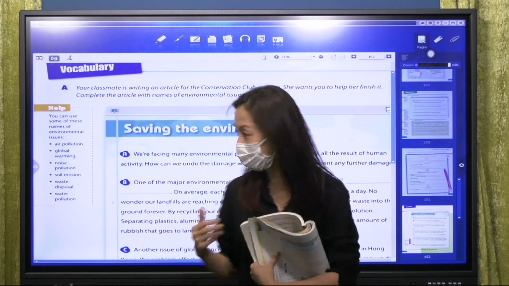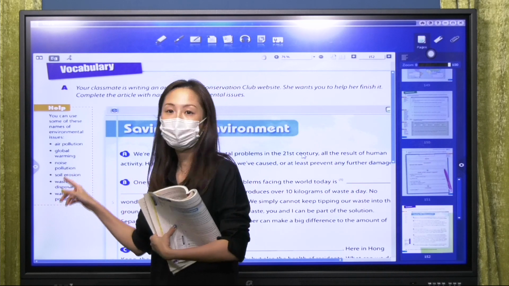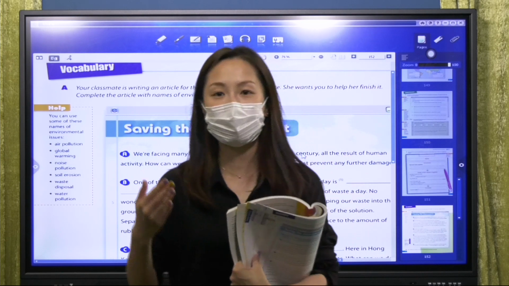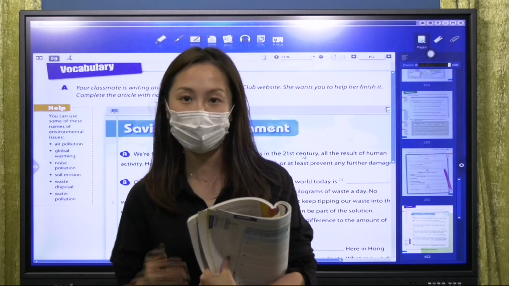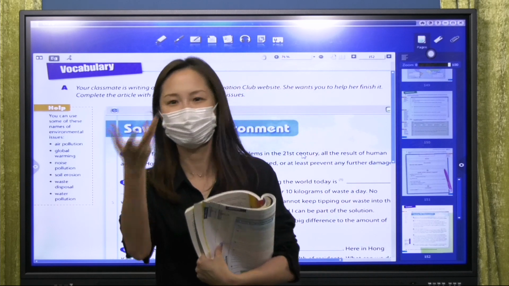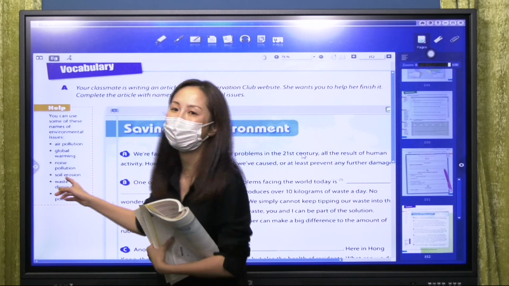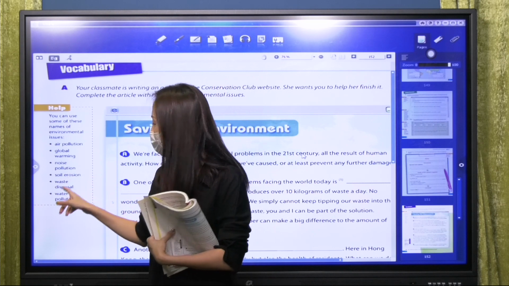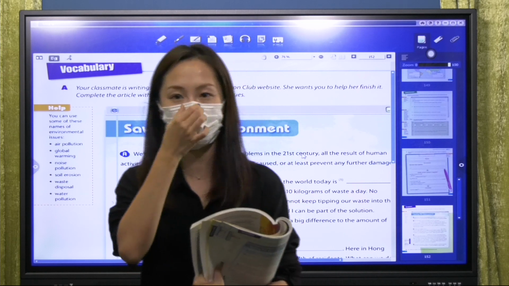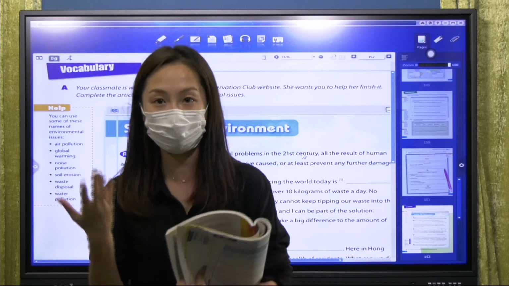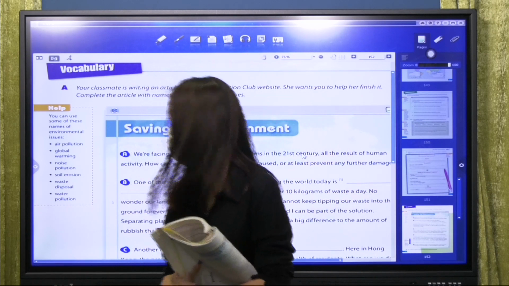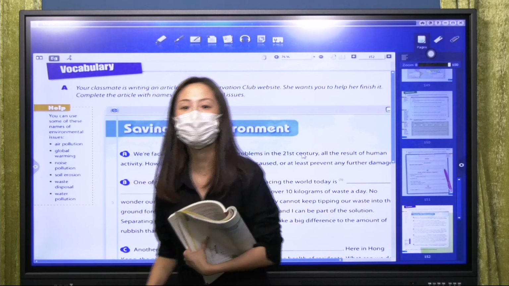So noise, noise pollution. Soil erosion. It means we are losing the land. We're losing the dust, the land. 土地嘅流失啊。And then waste disposal. Waste, we have learned this word before. 垃圾廢物. Disposal, how to throw. Throw the waste, and then water pollution.